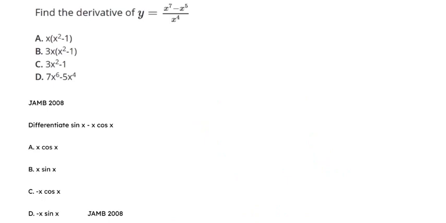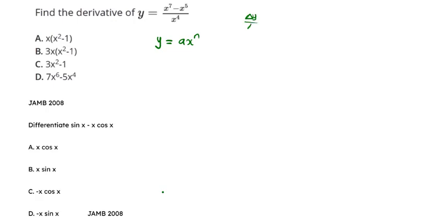Differentiation. You are supposed to be very much familiar with some common differentiation of functions. For example, you must be able to differentiate algebraic expressions. Generally speaking, if you have a function y equals ax raised to power n, and you want to differentiate, it is like you are finding the slope of a curve. You remember from your basic maths that slope is always changing y over changing x.